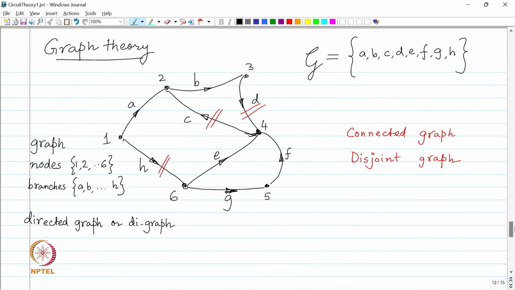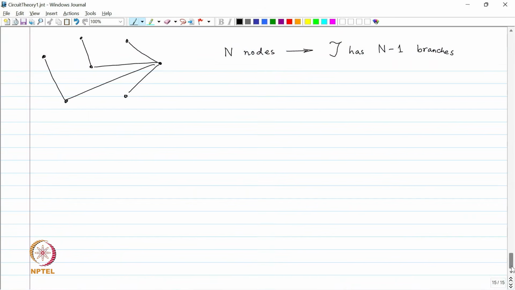If we started with B branches, n nodes, n minus 1 branches in the tree, how many branches outside the tree? B minus (n minus 1) outside the tree.